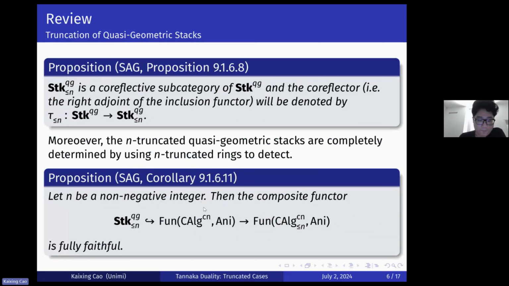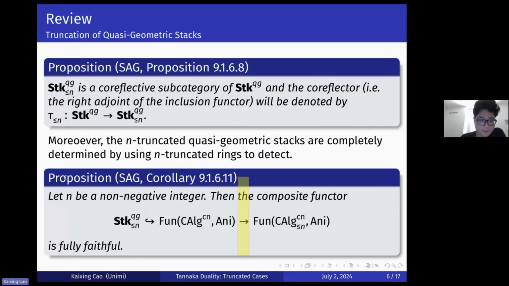It means that every n-truncated quasi-geometric stack is a full subcategory of this functor category, and this is a restriction functor induced by the inclusion from the n-truncated algebras to all the algebras.